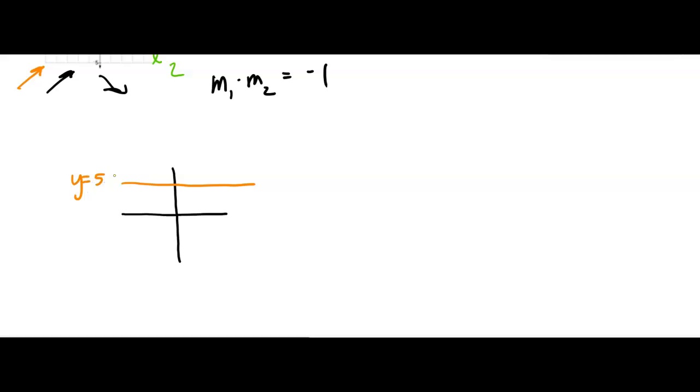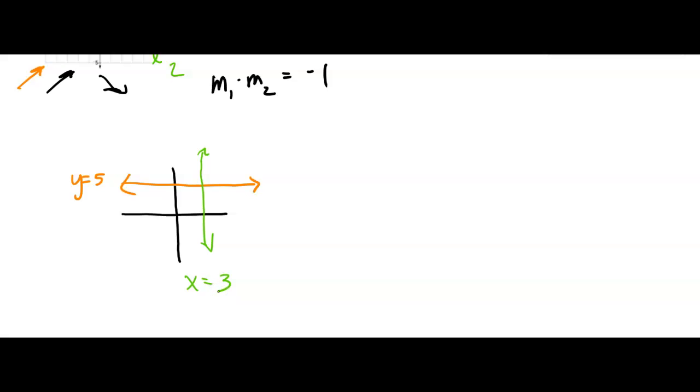And then the perpendicular line, there's a bunch of perpendicular lines you could have, but say it's here. I should put little arrows on here. Say that one's x equals 3. Those lines are perpendicular to each other.